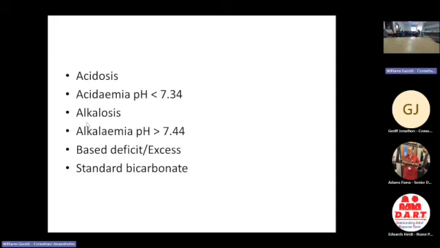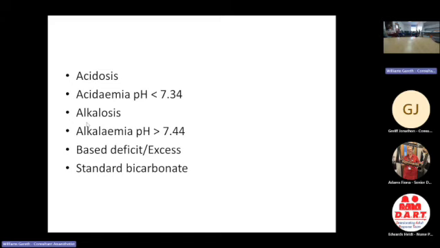Some other terminology that, again, is a bit pedantic, but people ask you to define. What's the difference between an acidosis and an acidemia? I'm being pedantic, but again, it's good viva practice. So acidemia, I think, is just with regard to the pH. Correct. But then when you have the systemic effect, the body has an effect as a result of acidemia. Yeah, kind of. In my head, acidosis is the process. You have a metabolic acidosis and a respiratory acidosis, the process, where acidemia means the pH is less than 7.34.